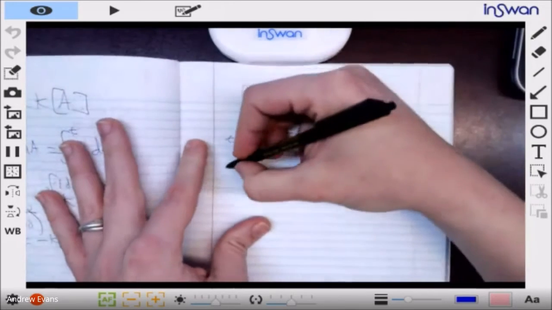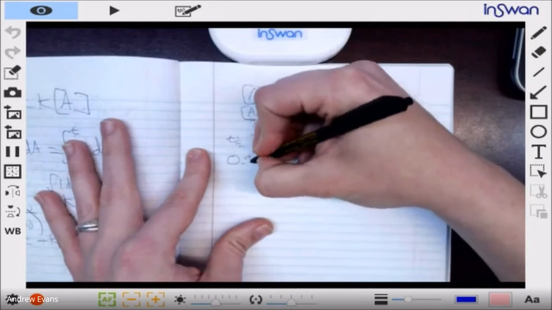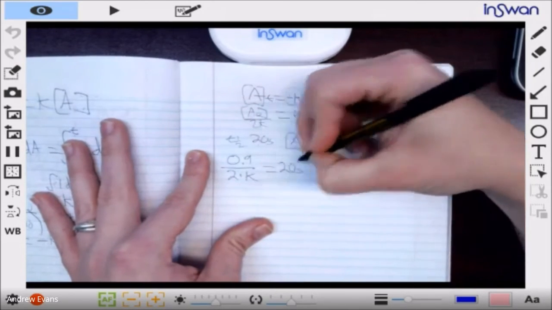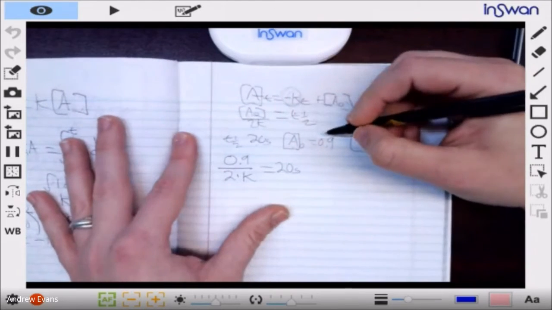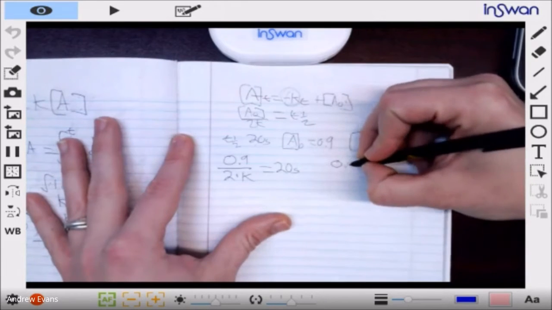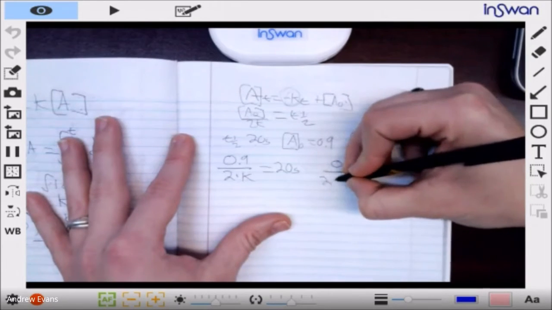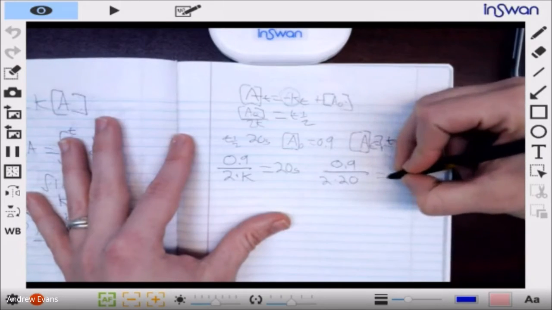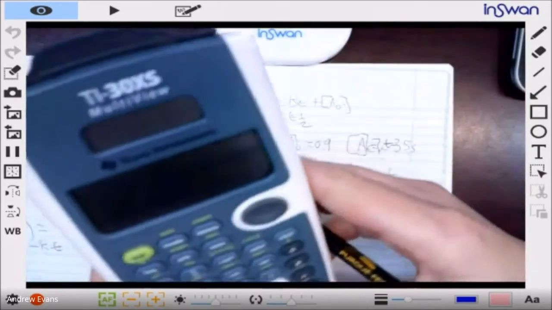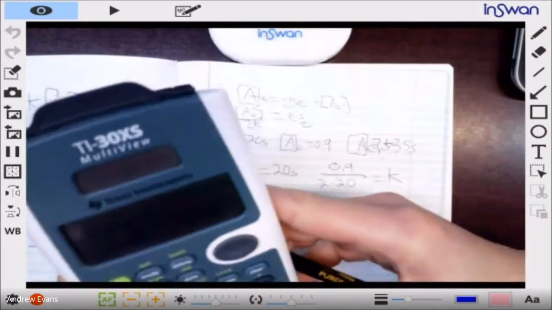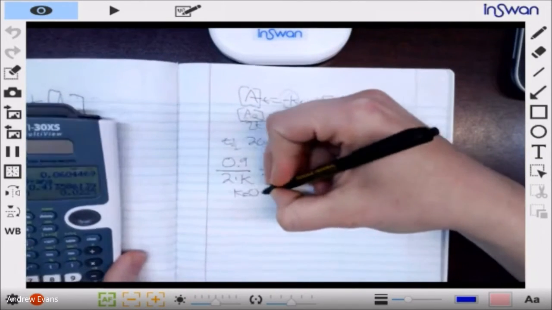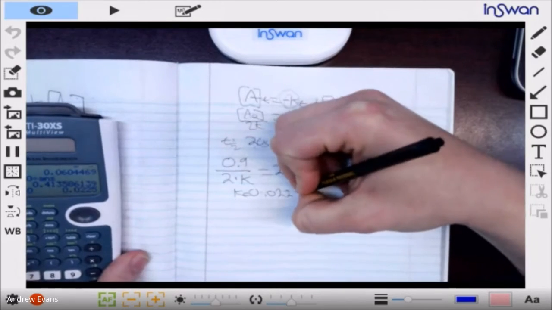With this t 1/2, we're going to say A sub 0 is 0.9 over 2 times k is 20 seconds. Solving for k, rearranging, we have 0.9 divided by 2 times 20 equals k. 0.9 divided by 40 is going to give us our k. k is 0.0225.